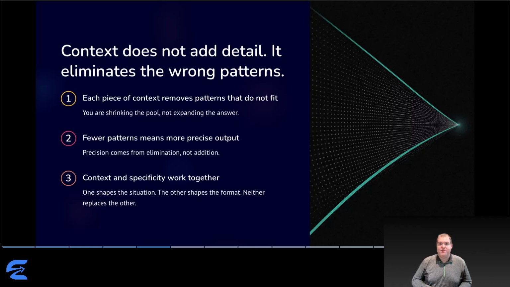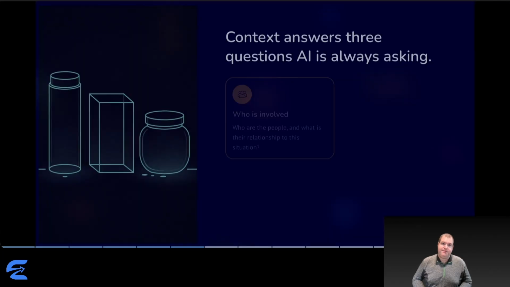The output gets more precise because fewer patterns remain that could plausibly apply. Context and specificity are doing different jobs here. Specificity shapes the format and the task. Context shapes the situation. A specific prompt with no context still gives the model half the picture it needs.